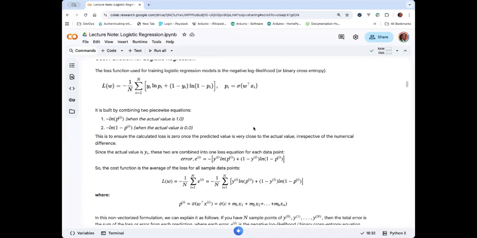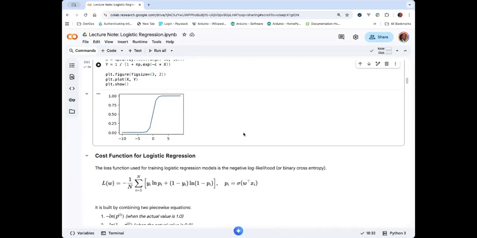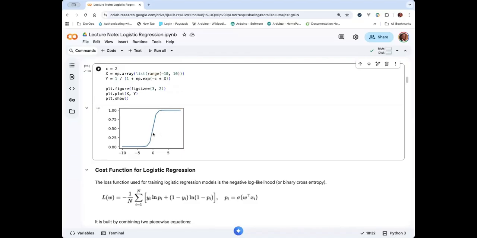Now, if the number is even lower, maybe instead of 0.5 it is 0.25, it is even more negative. So when you apply a negative sign to it, it's more positive. So it also reflects the fact that 0.25 is much further away from the value of 1 than 0.5 is.